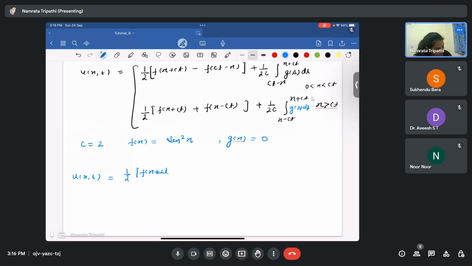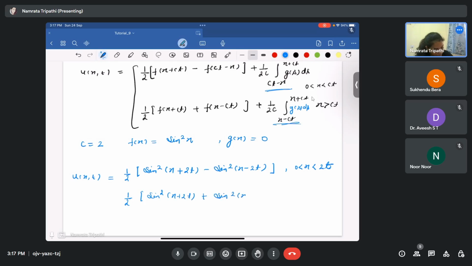What is f(x)? sin squared x. So sin squared(x + 2t) minus sin squared(x - 2t), and the integral is from 0 to ct, meaning 2t. Because g(x) is 0, the second term will be 0. So this is the solution.